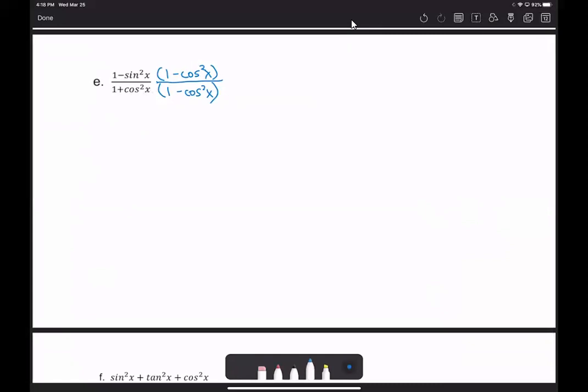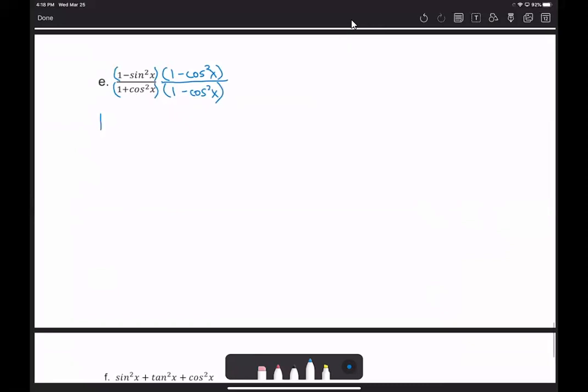And because it's a binomial in the numerator and the denominator, we're going to FOIL both of those out. Actually, I'm not going to FOIL the numerator.